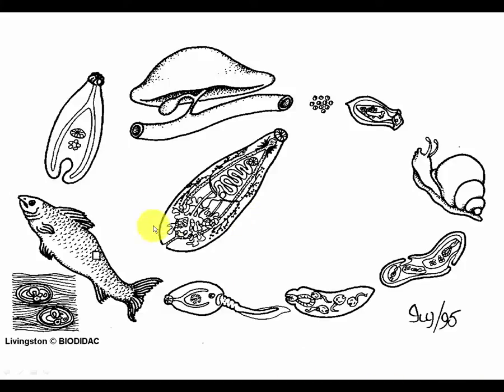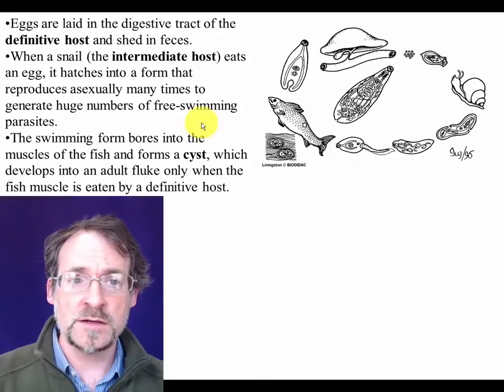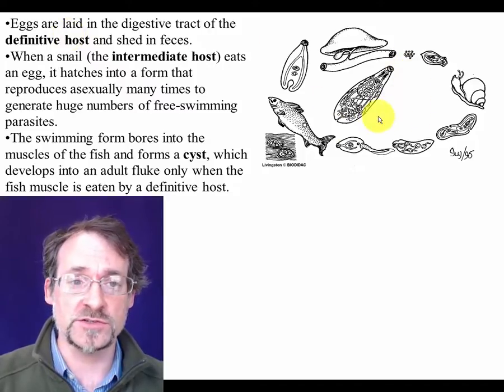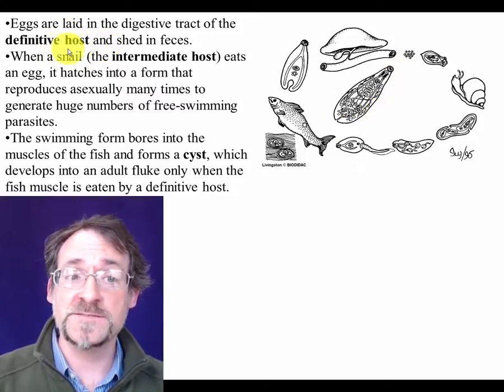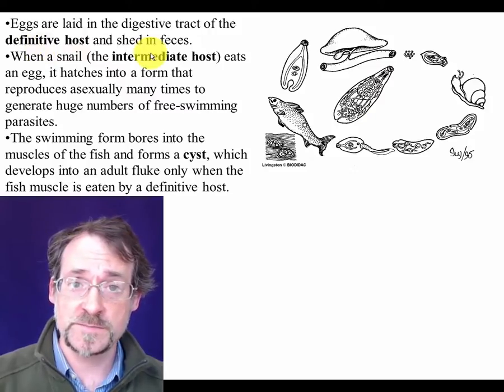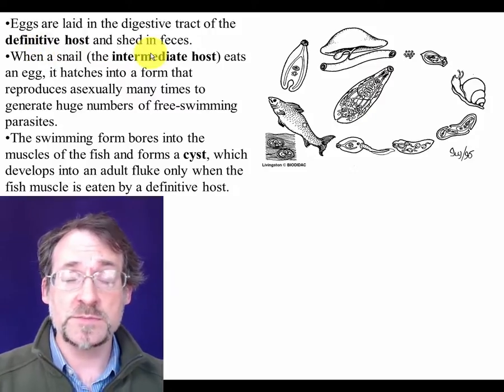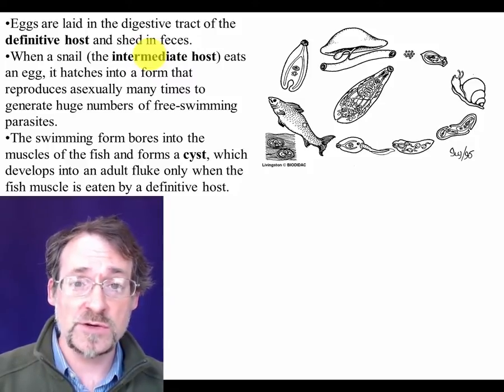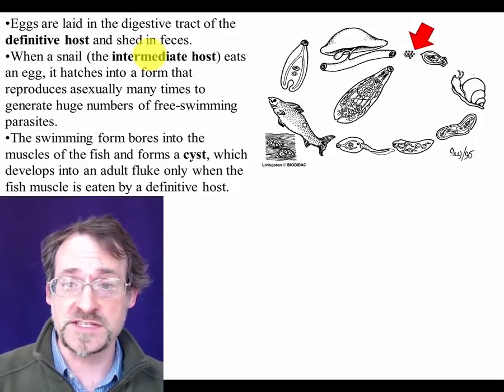So this is the adult fluke here in the center, and it lives in the digestive system of a vertebrate, potentially a human being. This host, the host that houses the adult, is referred to as the definitive host. The life cycle can be said to start when that definitive host lays eggs. They pass out of the definitive host in its feces.